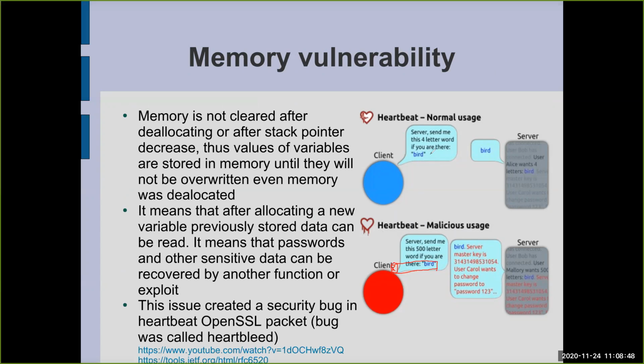The heartbeat is a protocol which is commonly used, so I can use it every 1 second or several times per second. So I can dump many bytes from the server, and I can of course analyze it automatically to find some specific sections like keys, passwords, etc.